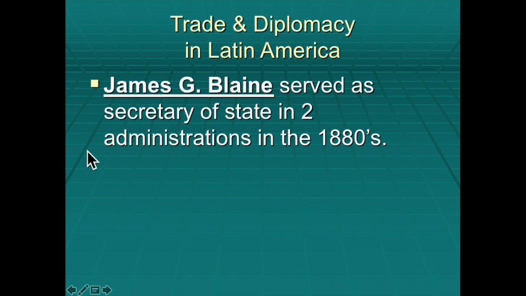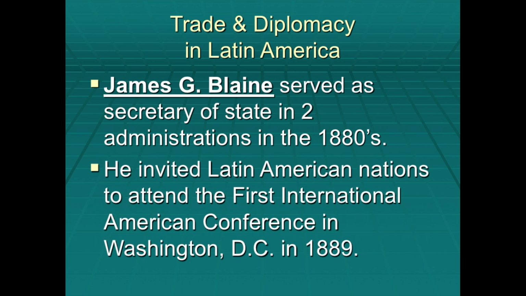Blaine served as Secretary of State for the U.S. in 2 administrations in the 1880s. He invited Latin American nations to attend the first International American Conference in Washington, D.C. in 1889.